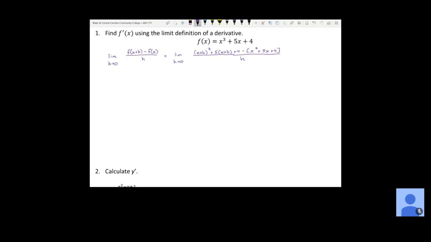All right, now if we simplify this, we've got x plus h to the third power. So what is x plus h cubed going to give us?